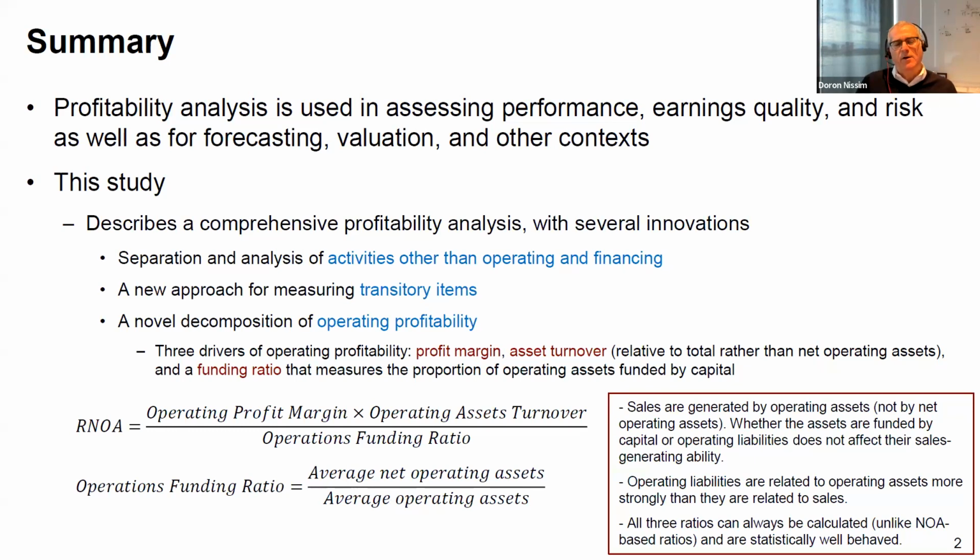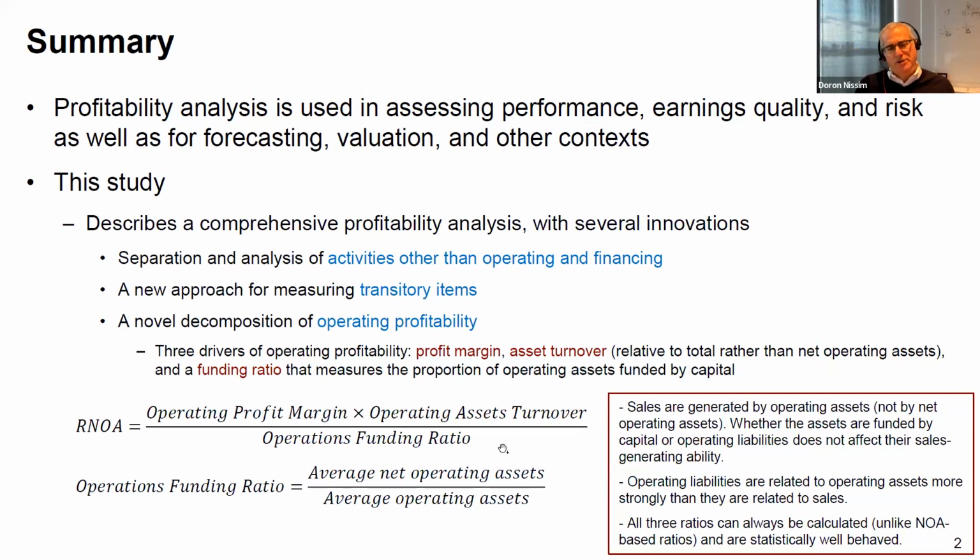So it's basically what portion of the operating assets are funded with capital as opposed to being funded with operating credit, like accounts payable, accrued expenses, or deferred revenue. So this is the third driver, a third component in this decomposition.